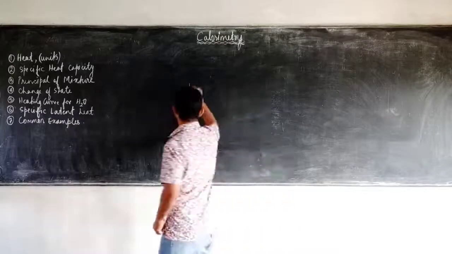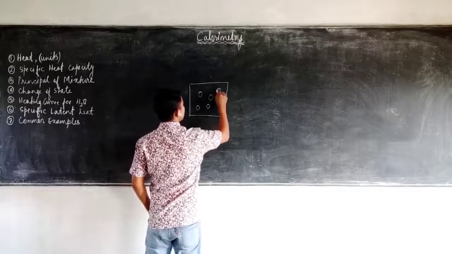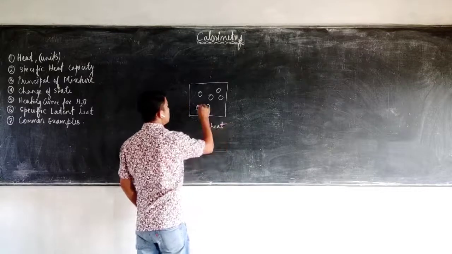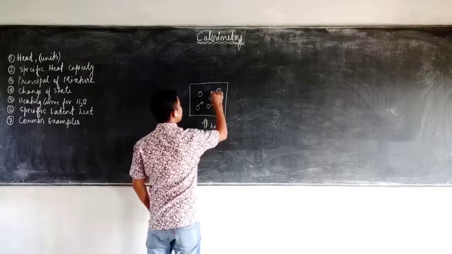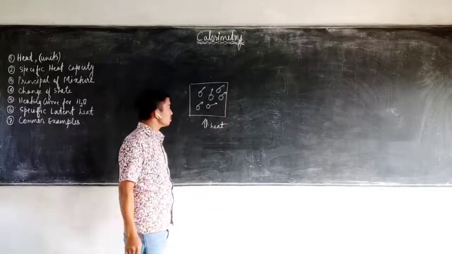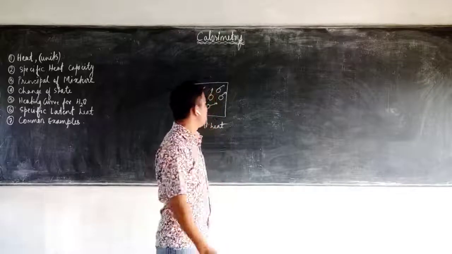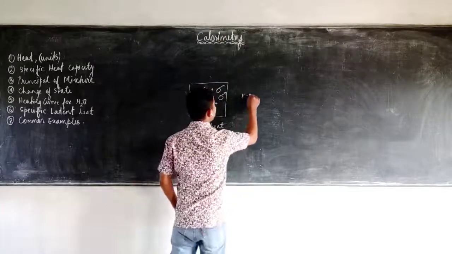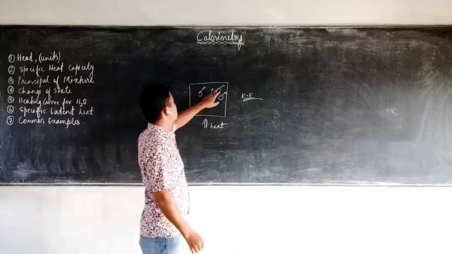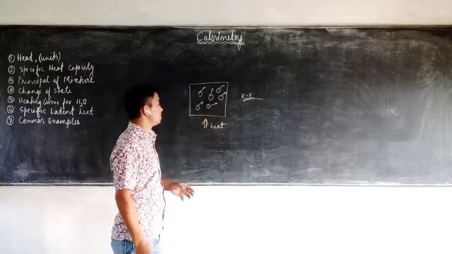Suppose a body has a number of molecules. When heat energy is supplied, there is an increase in the velocity of each of these particles. We already know that whenever a body is in motion, it possesses kinetic energy. So each of these molecules possesses kinetic energy due to its motion.